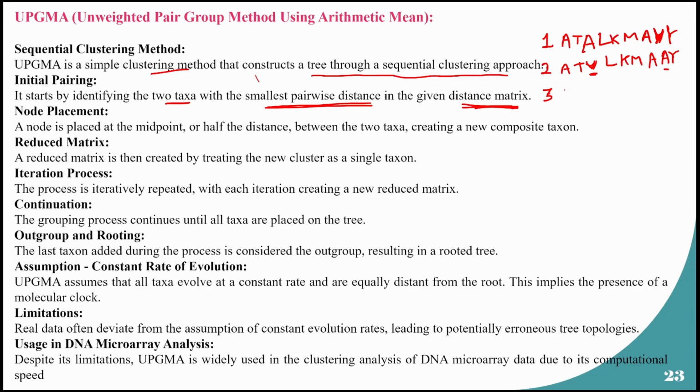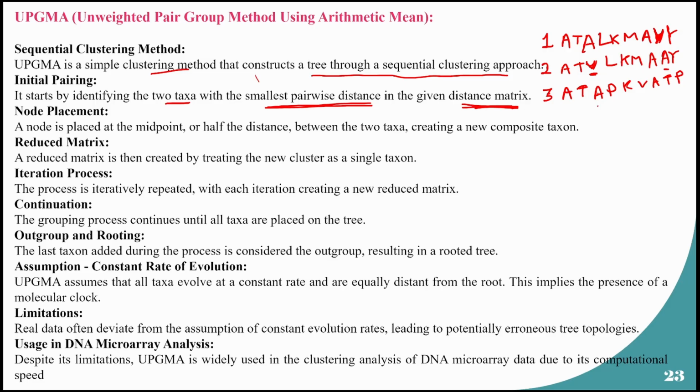But let's say we now introduce a third sequence. Okay, so let's say this is the sequence. Now, from sequence 1, how many mutations or substitutions are present in sequence 3?